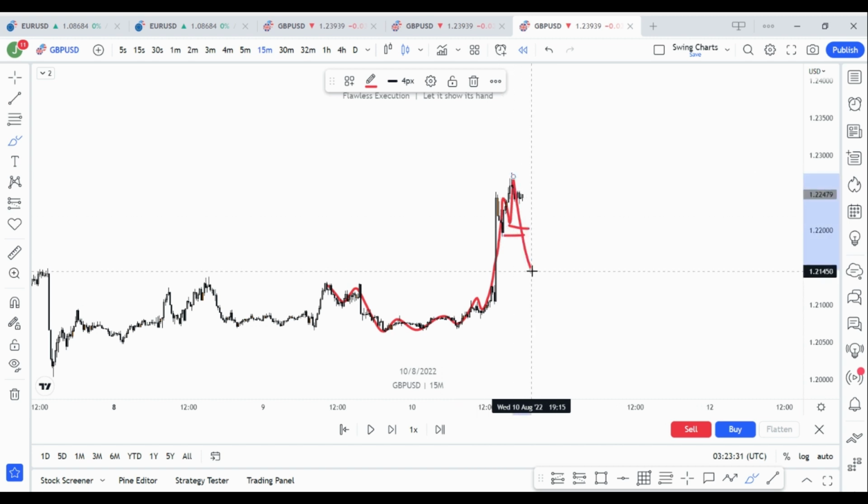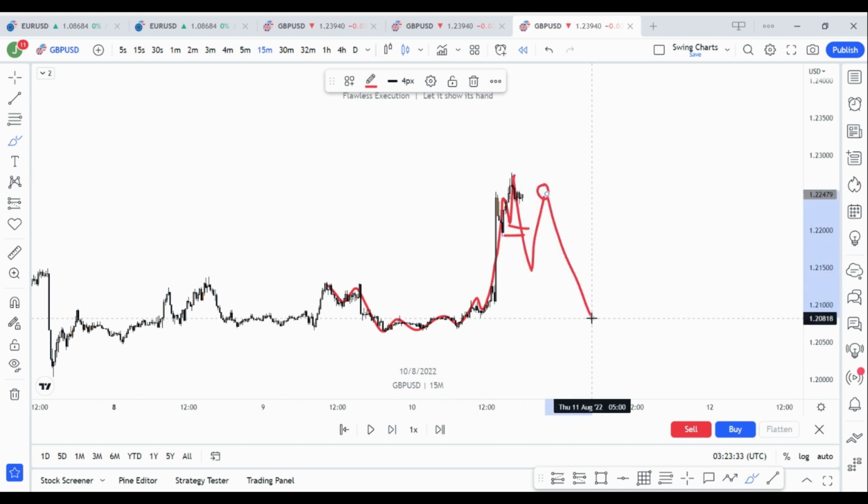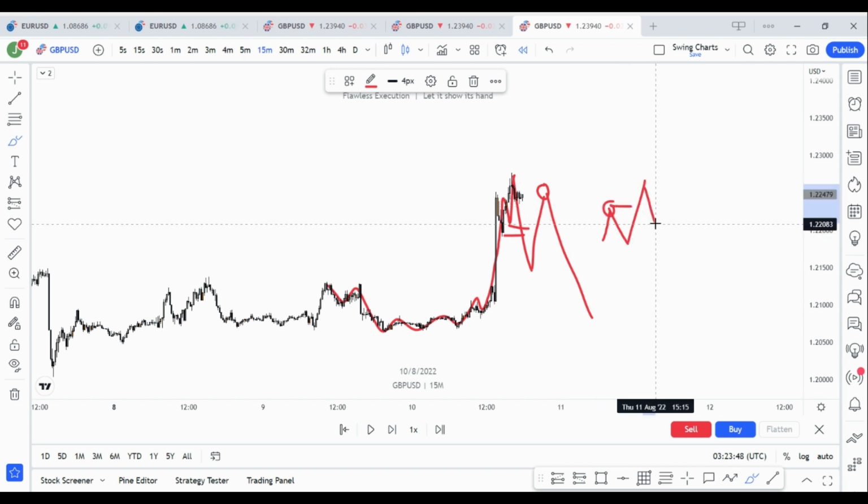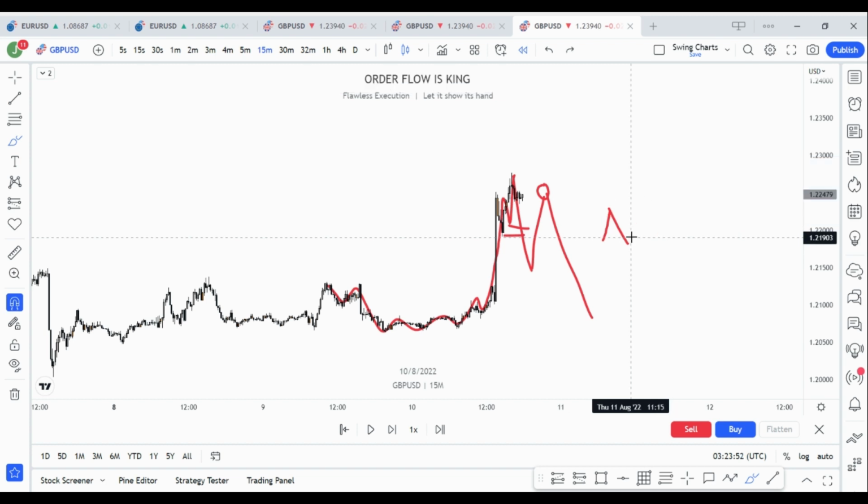We need to see buyers taken out of the market if we're looking to sell, and we need to see sellers taken out of the market, that's wrong, sellers taken out of the market if we're looking to buy. So let's say people were selling here, we've seen sellers taken out of the market, so now we can take a buy to obviously trade with order flow.